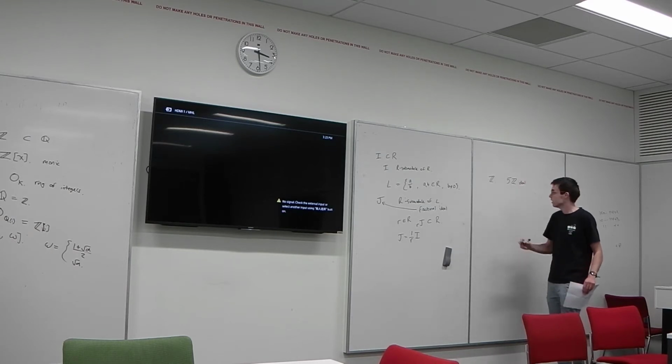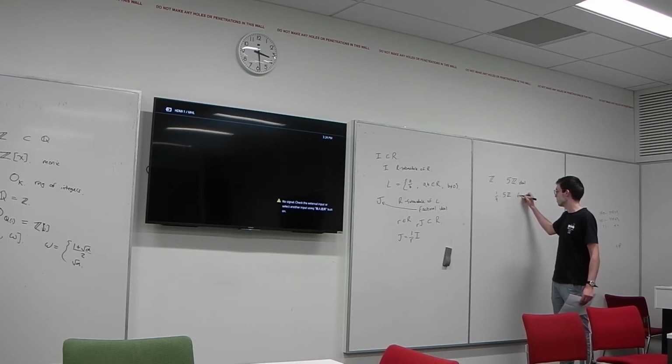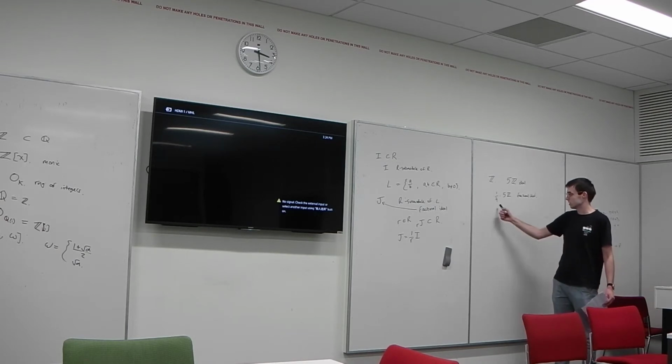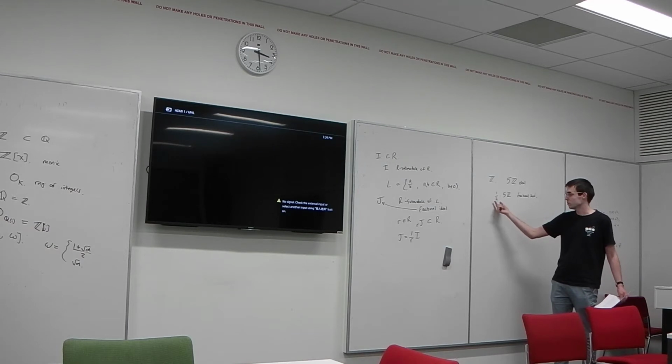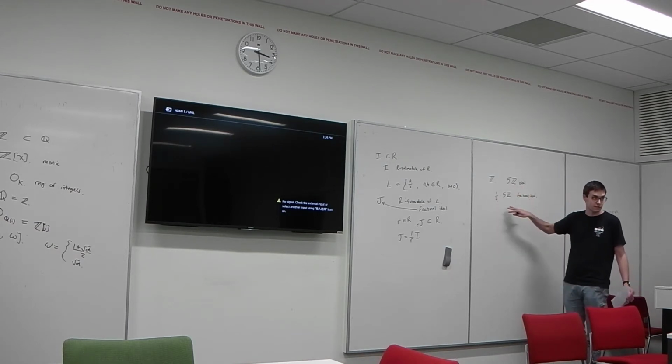But 1 over 4 times 5Z is a fractional ideal, because this little r is just 4, and if I multiply any element in here by 4, it jumps back into 5Z, which is an ideal.